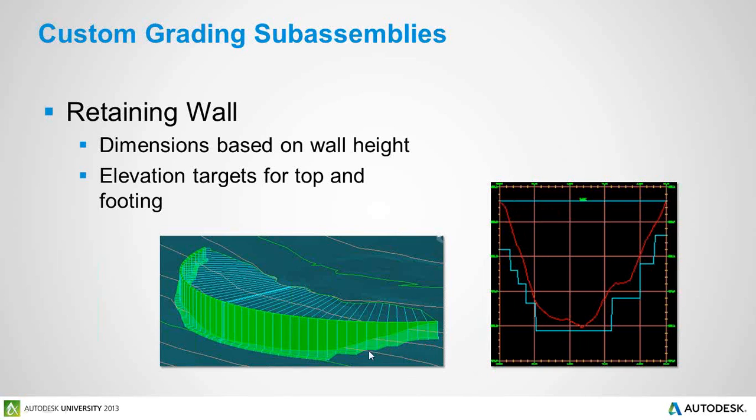So you can see we can create these step footings that don't necessarily follow what's going on with the existing ground. For this model, the baseline was the existing ground, and then we did a separate top and a separate footing. Okay, so a lot of power.